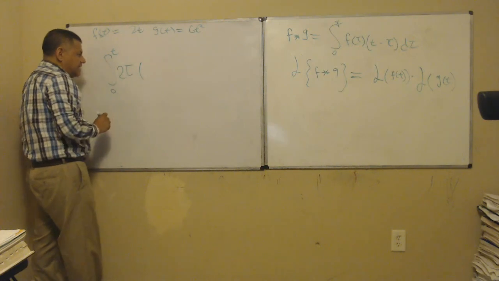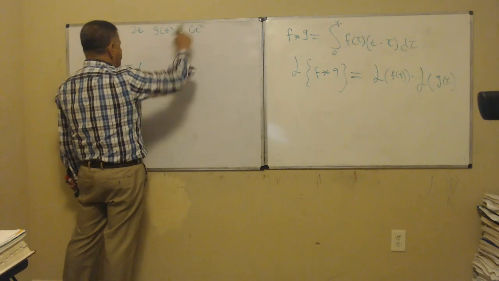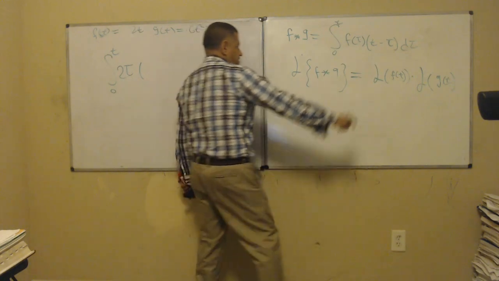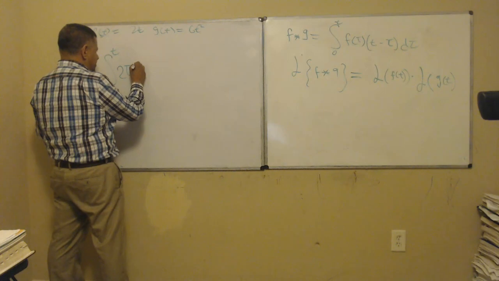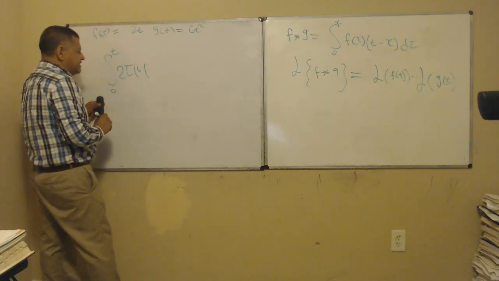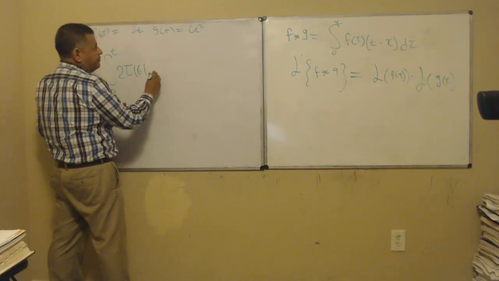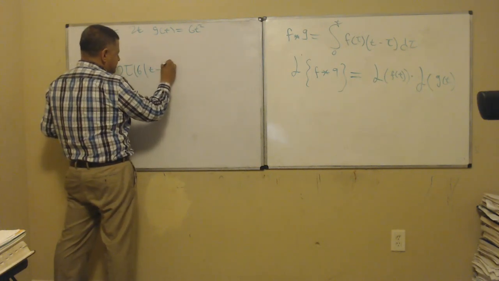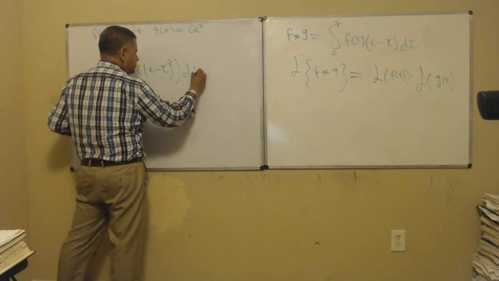And inside the parenthesis, I replace everywhere there is a t. So it's going to be 6 times t minus tau squared, d tau, right?